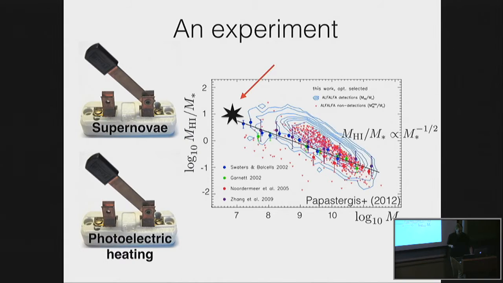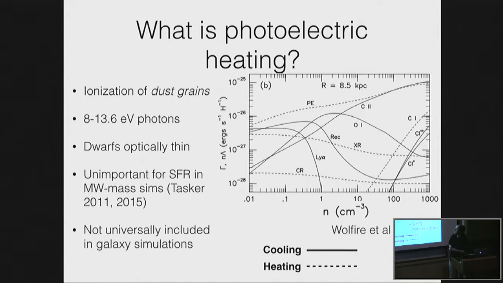So what is photoelectric heating? Photoelectric heating is just the ionization of dust grains. Young stars generate photons with a variety of energies. Those above 13.6 eV will ionize hydrogen, and that means they don't get very far typically in a galaxy.